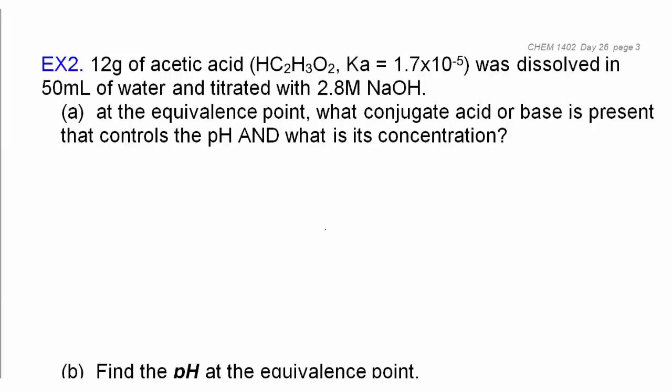So what is the conjugate that we're looking for? Titrate with a base, get a base. You're starting with acetic acid. You're going to get its conjugate, right? Acetate.